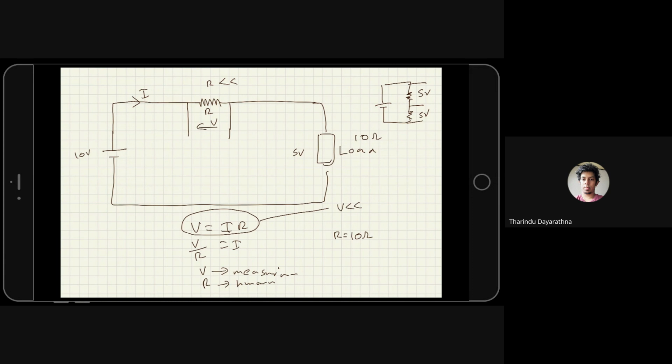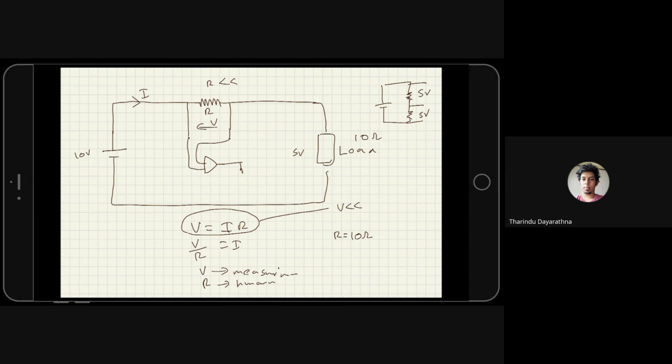So it is harder to measure. Then what we can do is amplify that voltage and get some measurable voltage. According to that, we can tell how much current is going inside the circuit.